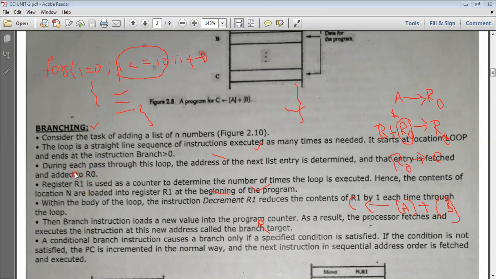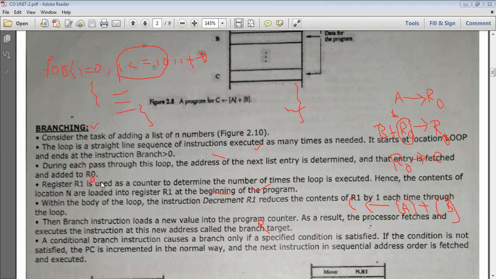Here we are giving n numbers randomly. First we add the first number with the second number. After that, one by one the numbers are fetched and added to R0.